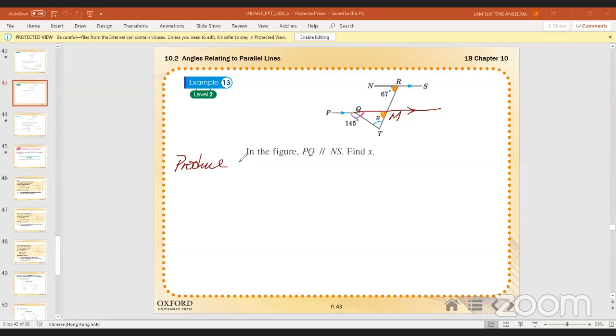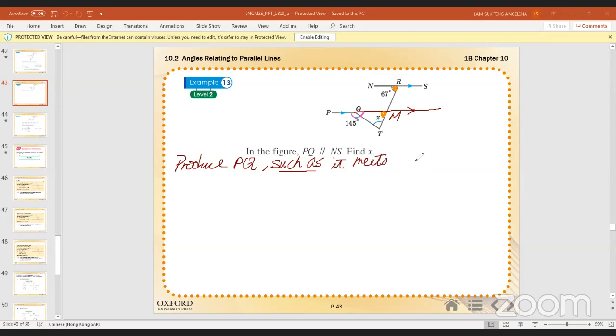Therefore, first you write down: produce PQ. The original line is PQ. More popularly we use the words "such that" or "so that" instead of "so": it means I want to produce PQ, and how long I need to produce it.